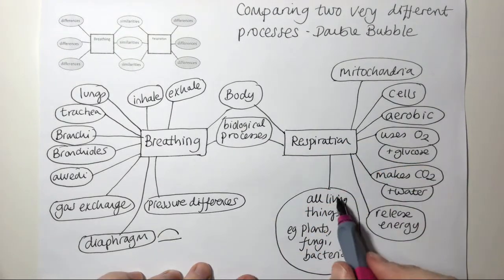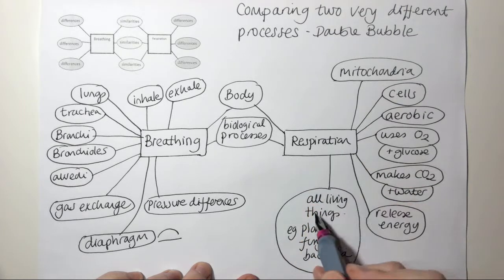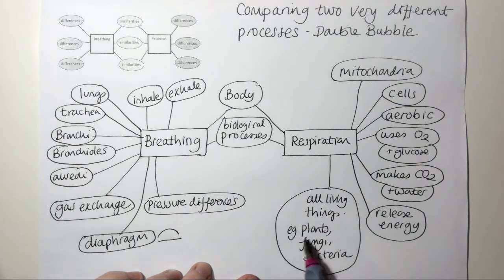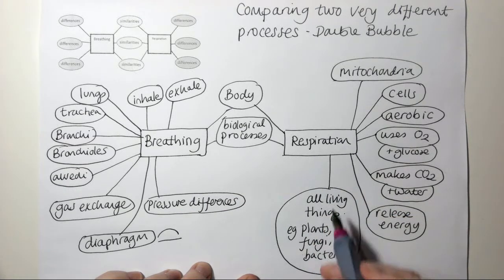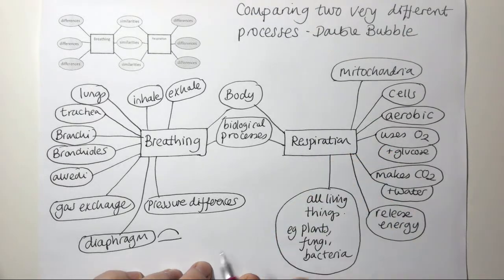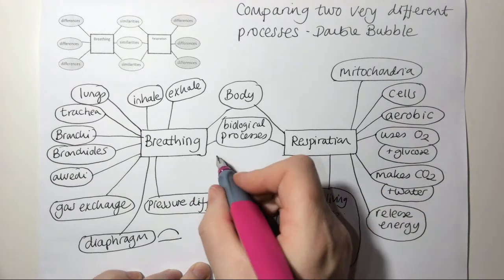And then, if we're saying that all living things carry out respiration, well, what are the living things that breathe? Well, plants certainly don't breathe. They do respire. Fungi don't breathe, but they respire. Bacteria don't breathe, but they respire. So, what organisms both breathe and respire? Well, we could say animals.